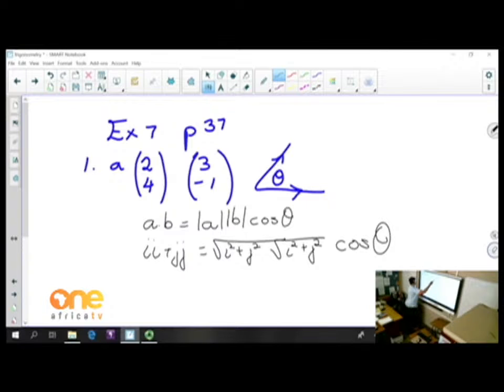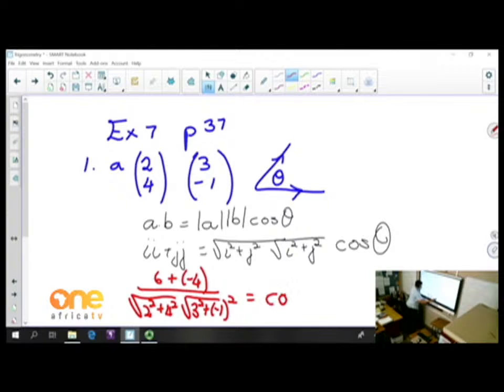Okay, so what is ii? ii will now be 2 times 3, which is 6, plus 4 times negative 1, negative 4, over the magnitude. Here it is 2 squared plus 4 squared, so the magnitude of 2 squared plus 4 squared, times the magnitude of 3 squared plus negative 1 squared, is equal to cosine theta.